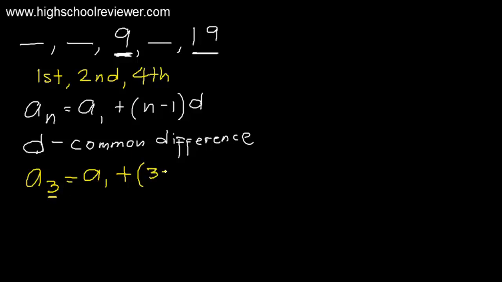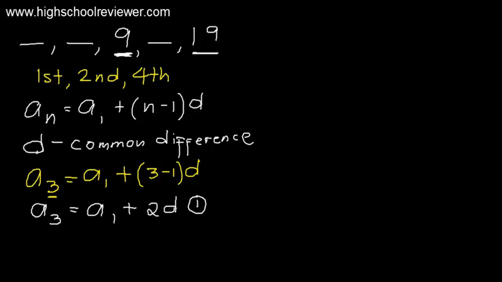So 3 minus 1 multiplied by d. So a sub 3 will be equal to a sub 1 plus 3 minus 1, that is 2, and 2 multiplied by d is 2d. This will be our equation 1.